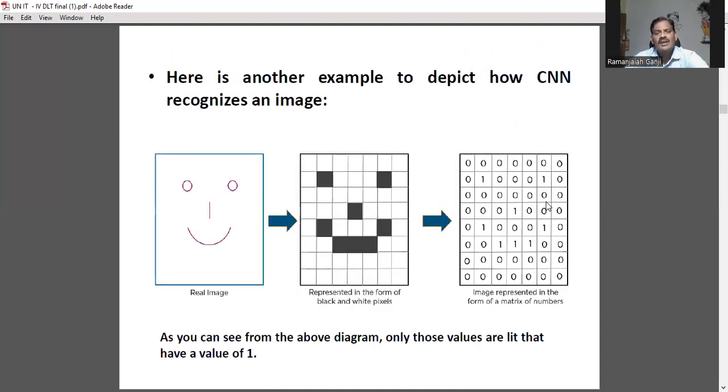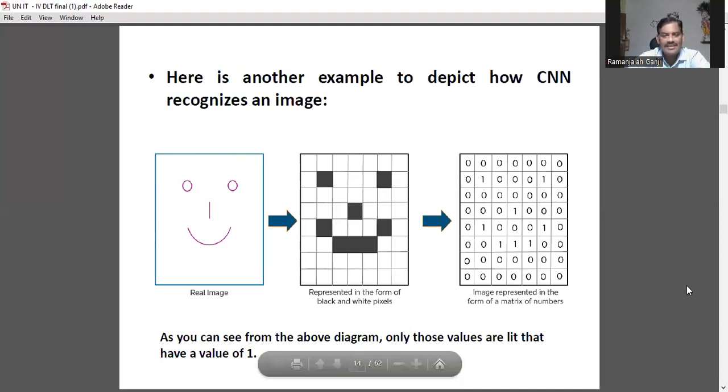This is another example to depict how CNN recognizes images. See this is an image, this is a real image. I'm going to convert this real image into an equivalent grid, an array of pixels with black and white pixels.